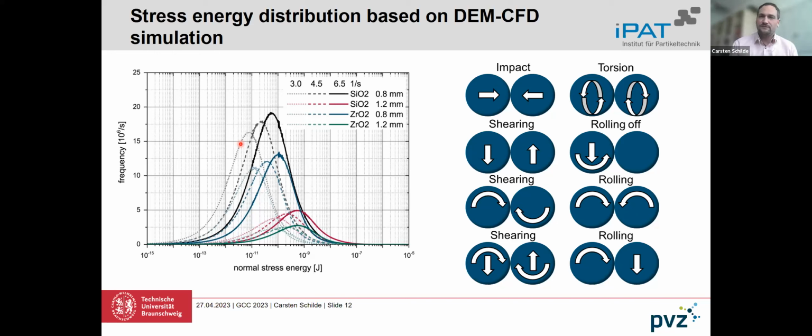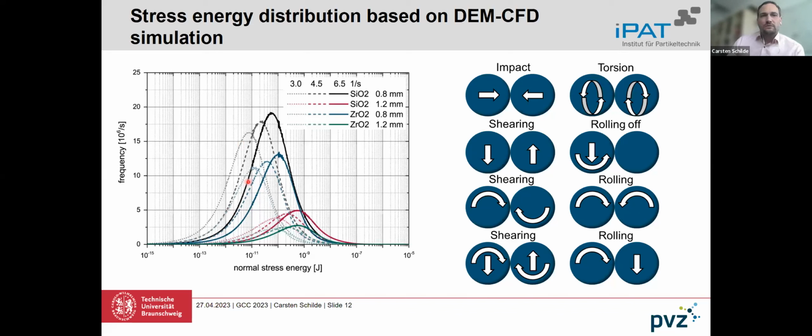But overall, if you combine especially the stress energy and the stress frequency, it works very fine. However, the additional thing that you can get from this simulation is the stress energy distribution for different mill types, different mill scales and different grinding media materials. And this is something which is not implemented in the traditional grinding model so far. So there are some extensions.